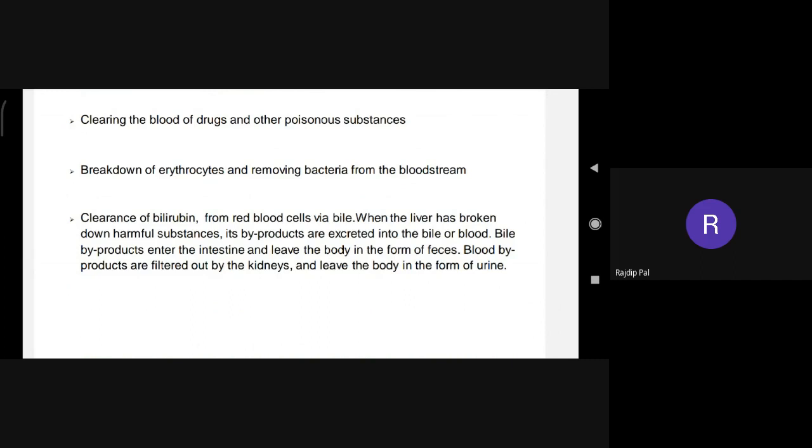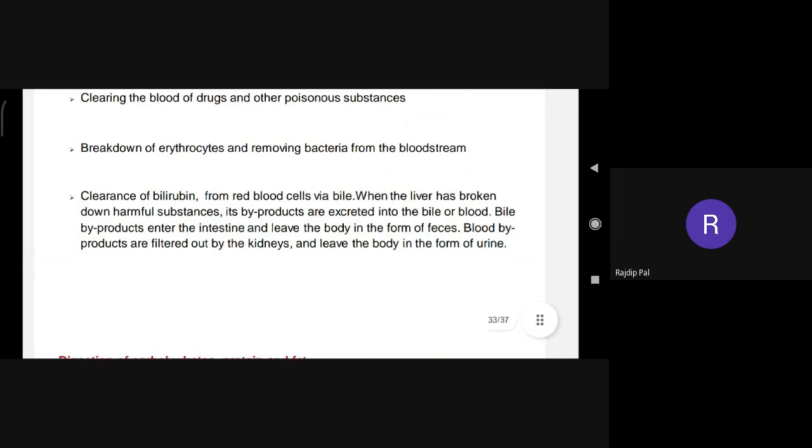Another, when it is mixed into the bloodstream, then the blood is filtered in the kidney, and the kidney excretes it through urine. Okay, this is the process.